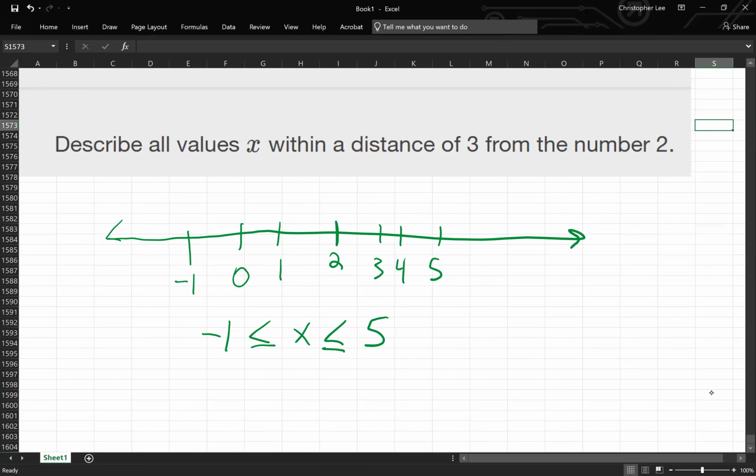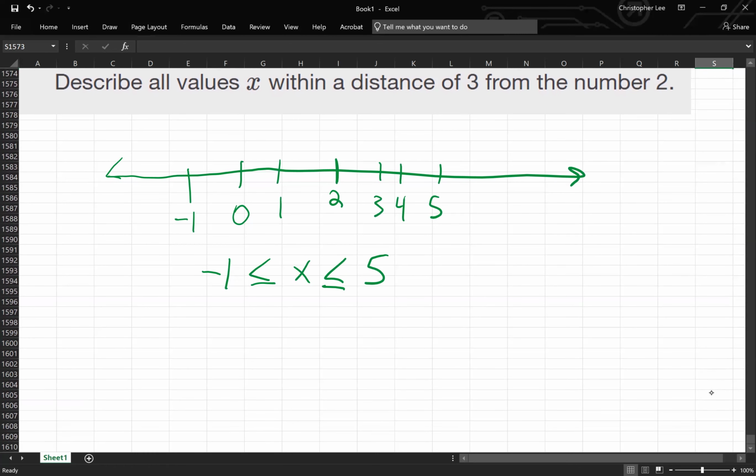I want to make this a little bit nicer, use an absolute value function. So what would I say? I could say absolute value x, what? So, 3 less than or equal to, let's see. 2. Okay.